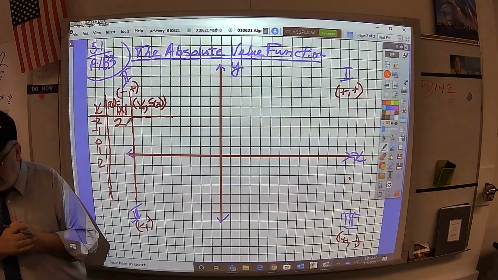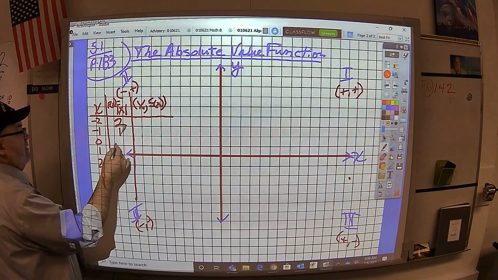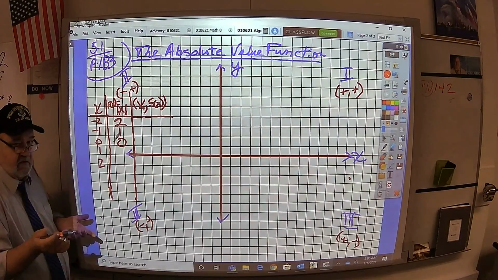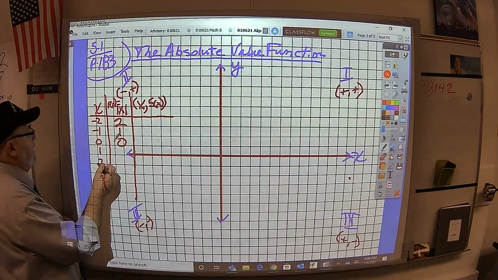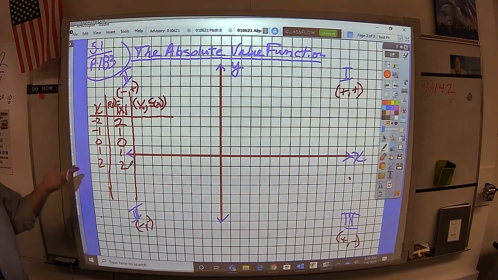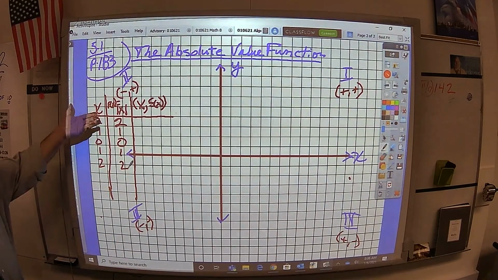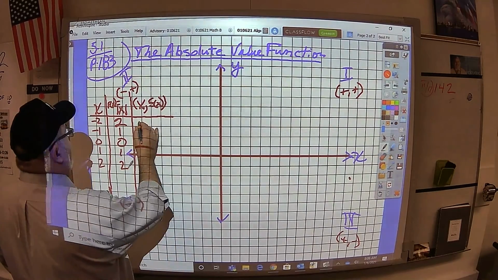Every absolute value is positive. All right, so secondly, -1 is 1, and 0 is, of course, 0. 0 is not positive or negative. And 1 and 2. So if you see this, and you do your chart and say, oh, okay, I can figure out what my coordinates are.